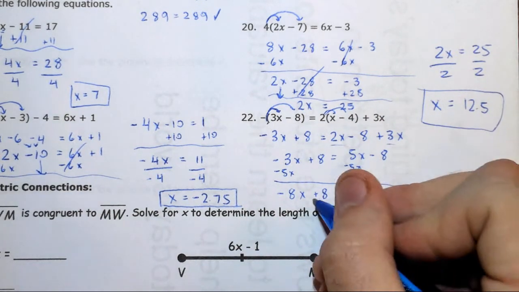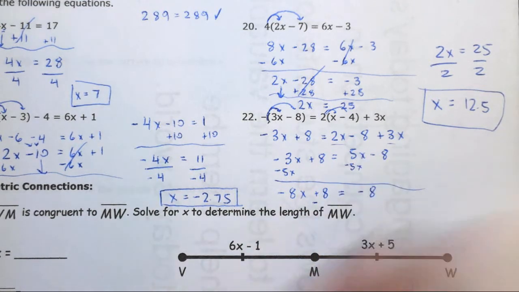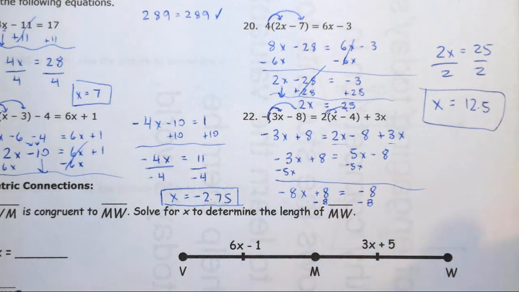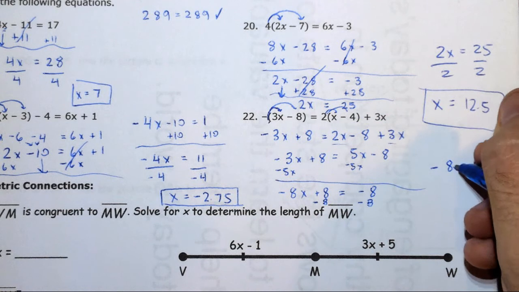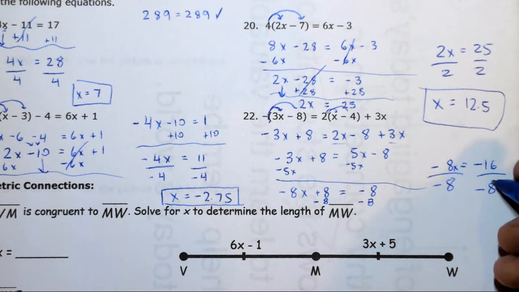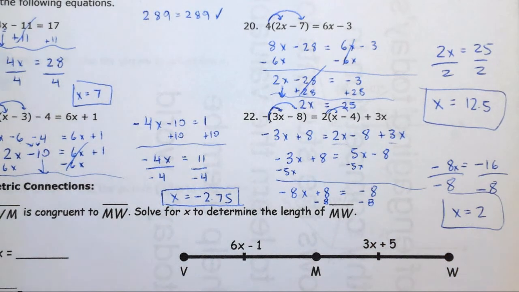And then I can move this +8 over by minusing 8, minusing 8. I get -8x is equal to -16. Divide by -8, divide by -8, and I get x is equal to +2. I know I went through that real quickly, but we've done this a bunch of times.